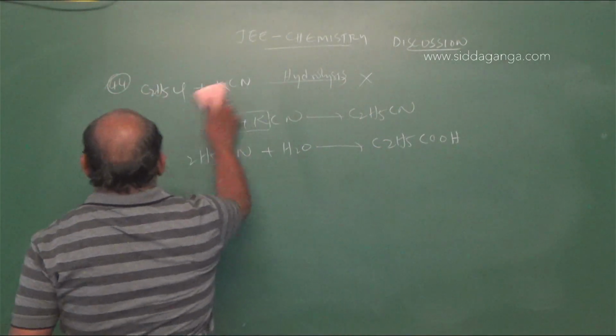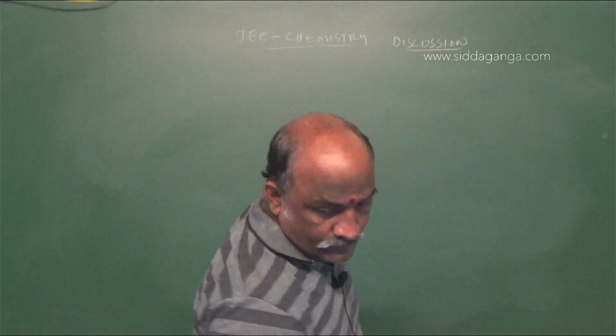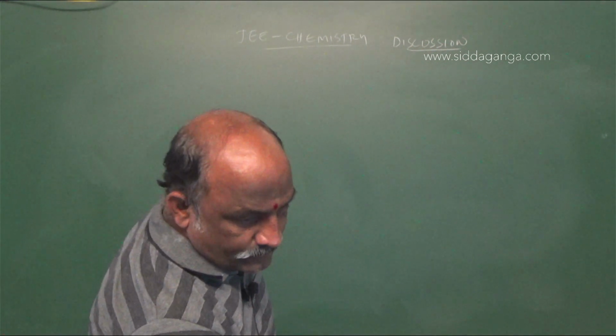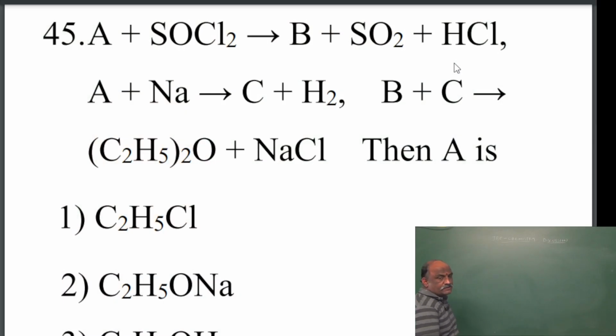Next. A plus SOCl2 gives B plus SO2 plus HCl. A plus Na gives C plus H2.